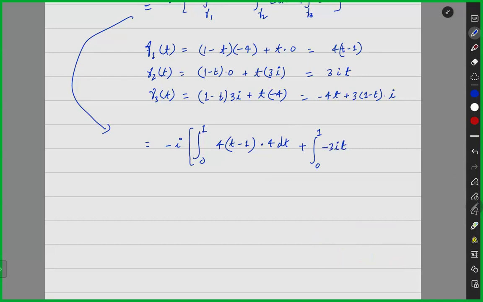And what is gamma 2 prime, which is 3i dt, plus the integral from 0 to 1 of gamma 3, minus 4t, and we have to take the bar, so that's why I'm going to write it plus (3t minus 1) into i. Now after this we have to take gamma 3 prime, which is minus 4 minus 3i dt.